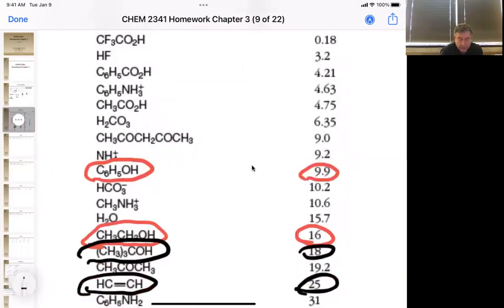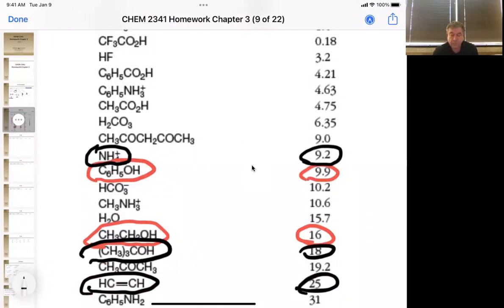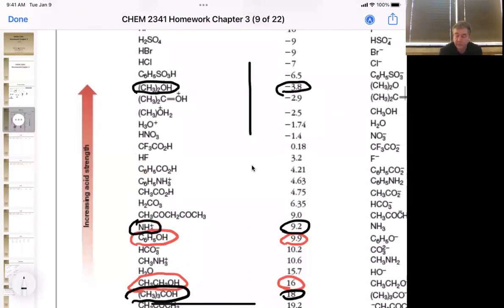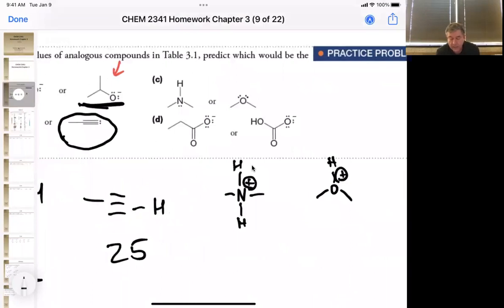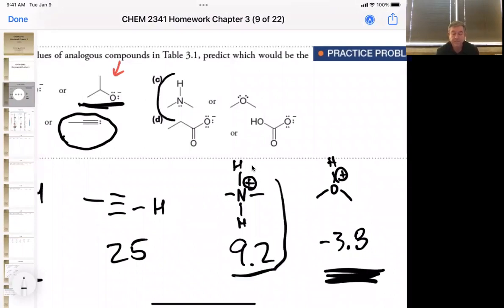This looks like the closest one we have right here. It has a pKa of 9.2. So we have 9.2 and -3.8. Which is the stronger acid? This is the stronger acid. So that would make the conjugate base of this one the stronger base.